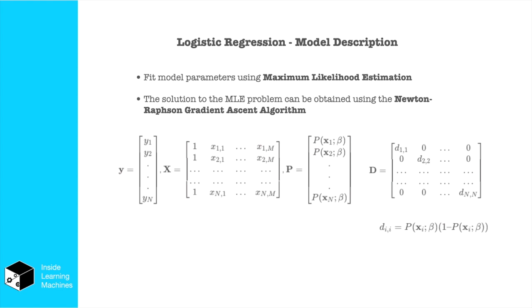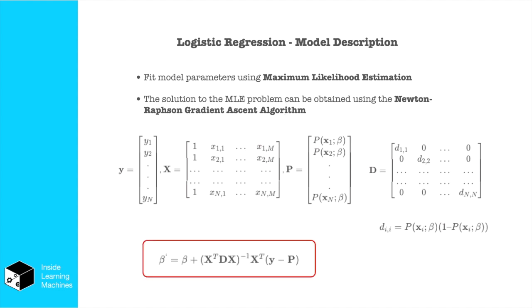Now, in addition to this, I'm also going to compute this diagonal matrix where each diagonal entry is given by this product. And so this is just the probability P multiplied by 1 minus P. Now, if we assemble all of this together and follow through with the approach that I outlined just before, we can come up with this update rule to find our model parameters.